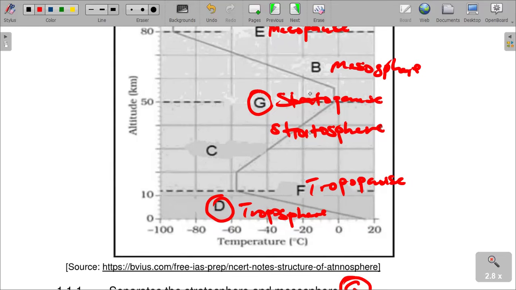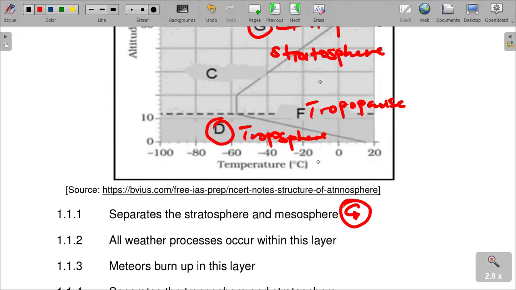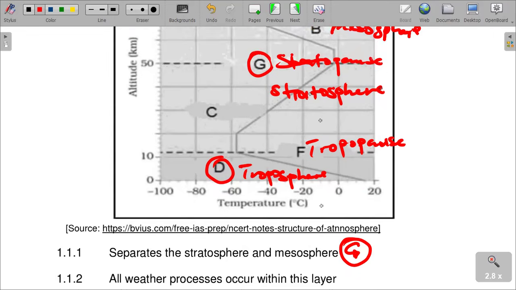So that we can apply what we just discussed to say what is what. Number one: what separates the stratosphere and the mesosphere? G separates the stratosphere from the mesosphere, which is the stratopause.